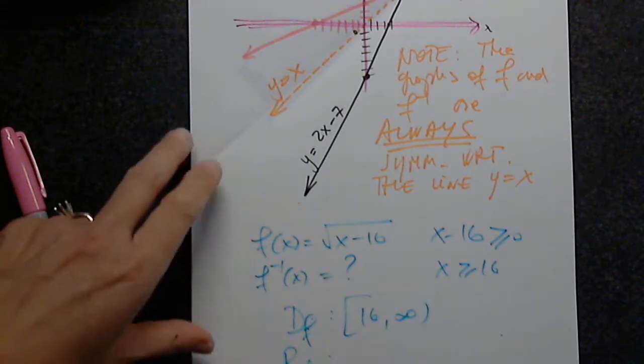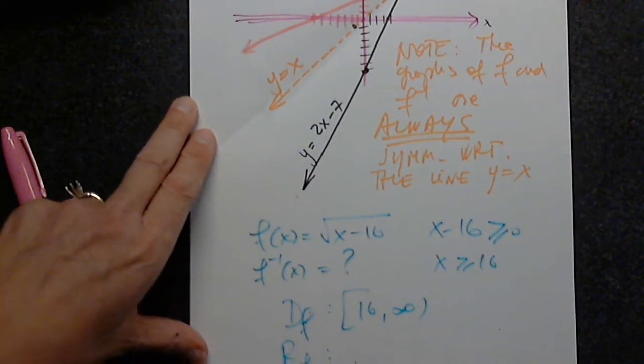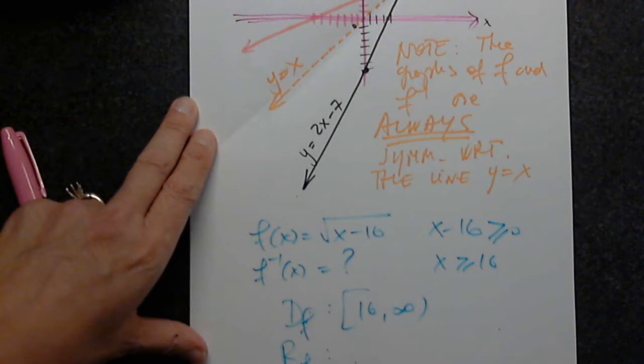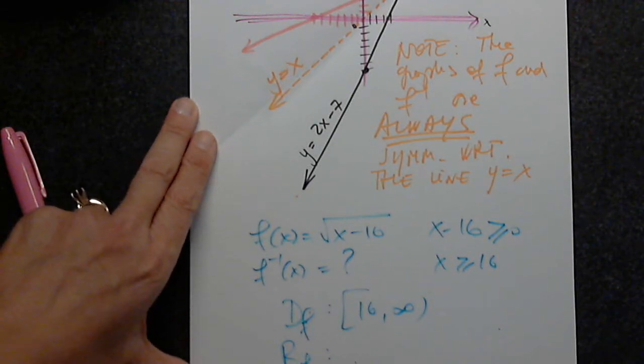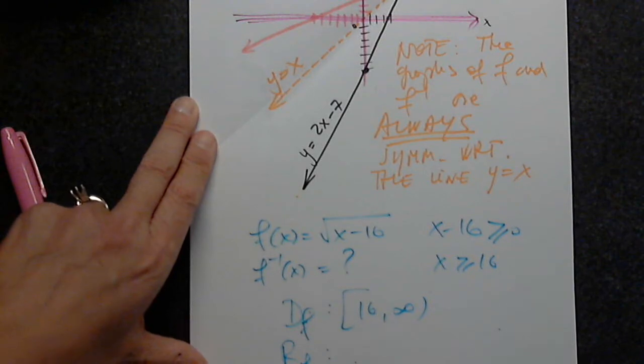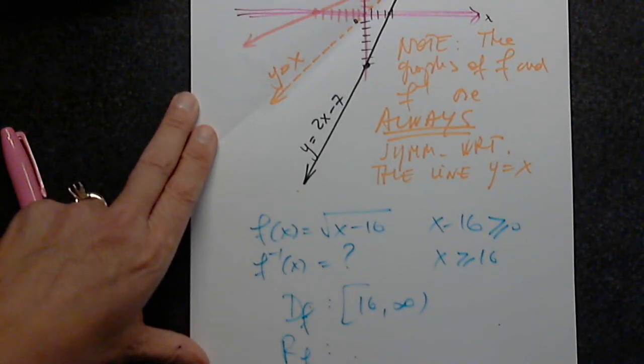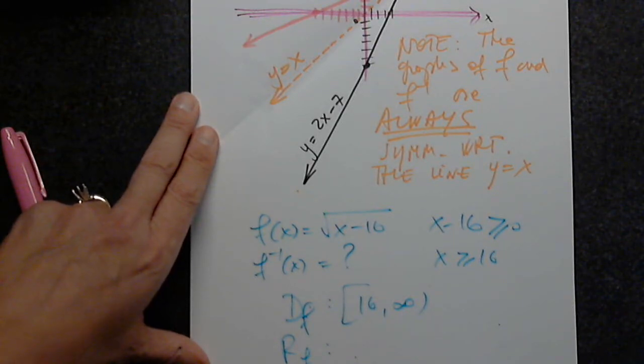We already pictured the graph, and the range would be? Just remember the graph. The square root of x shifted to your right 16.